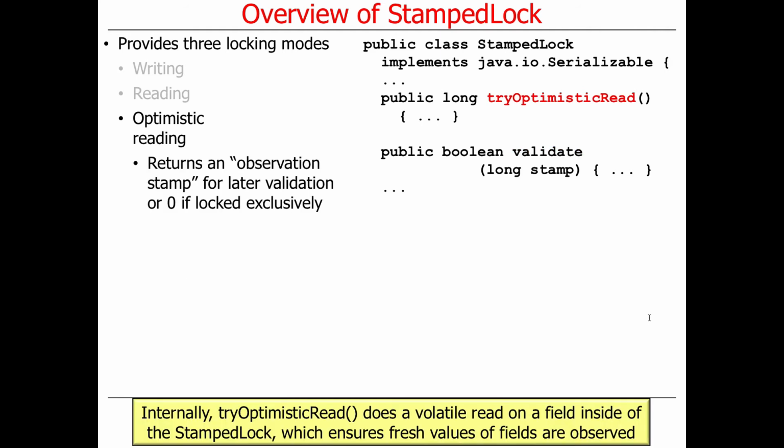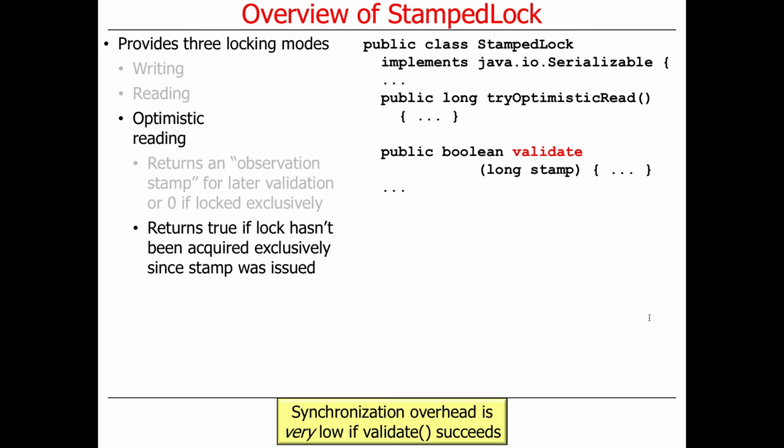All right, so assuming we've done try optimistic read, we get back this observation stamp. We're then going to copy those values from the fields into local variables. And when we're done with our critical section, we're then going to call this second method that's part of the abstraction called validate. What validate does is you pass it the observation stamp that you got back from try optimistic read.